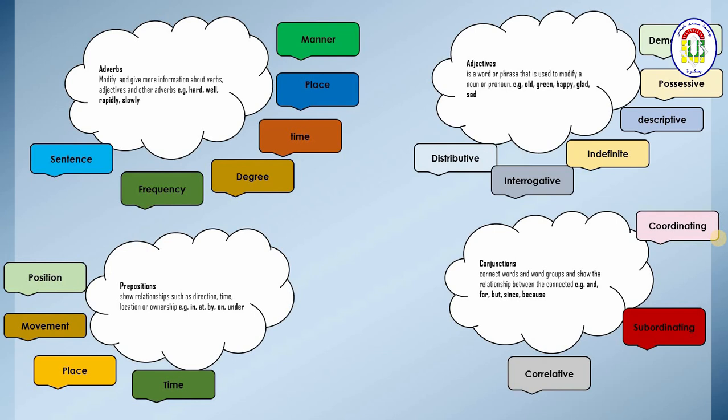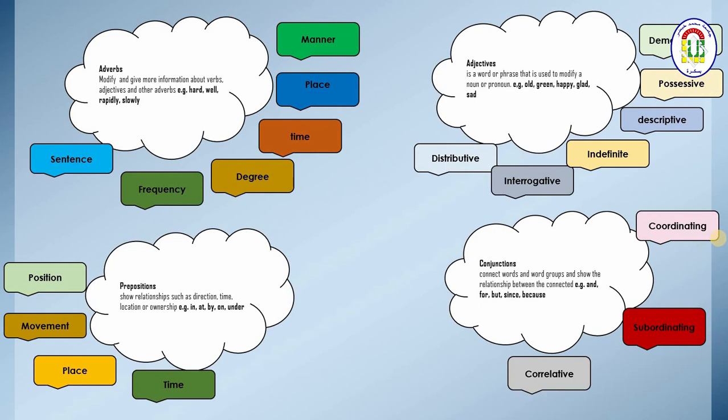Subordinating conjunctions are used to link a main clause and a dependent clause in order to clarify the relationship between the two clauses. Correlative conjunctions are pair conjunctions that can have many senses, and they are approximately limited.